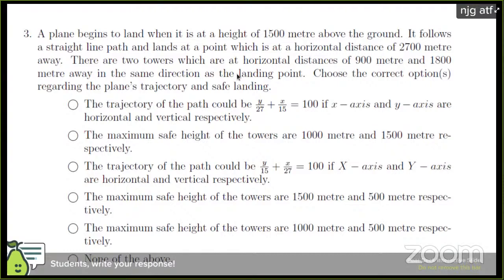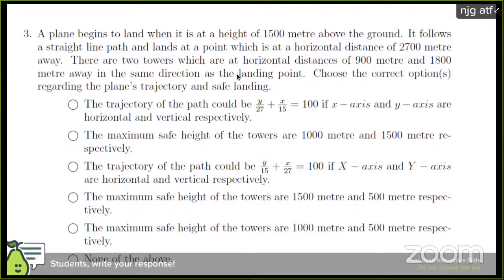So basically, what we have to do initially is fix the origin before you take this whole data into the Cartesian plane.